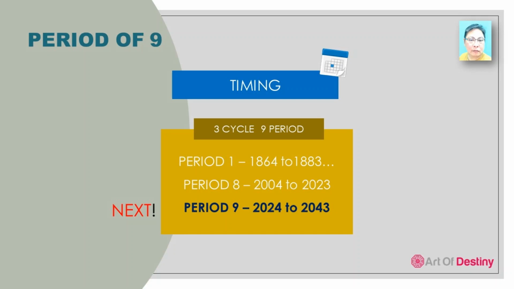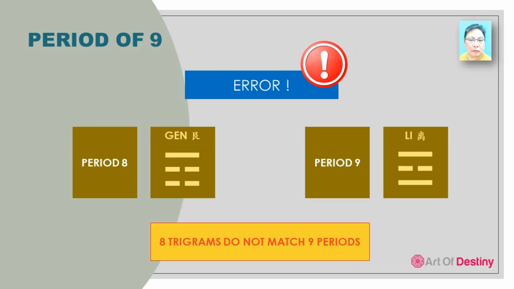Now what makes it significant is that many practitioners out there are trying to tell you that there is a link between the period and the trigrams. So for example, in period 8, they associated this period with the trigram called Gen, right?